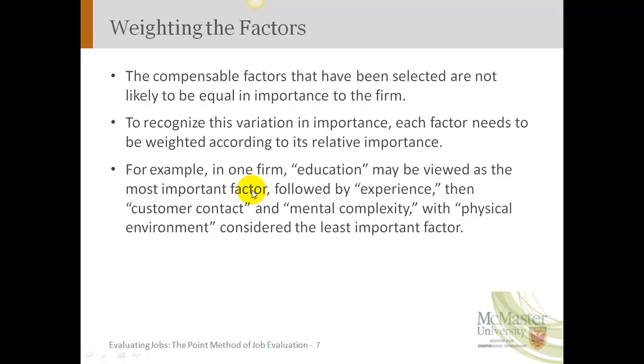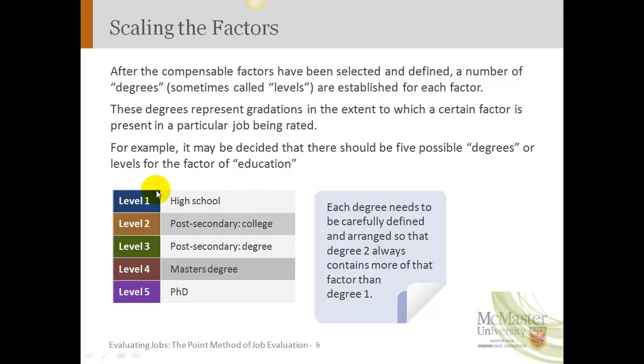Well, again, if we wanted to decide how we might weight it, we might say, well, we're going to assign a certain amount of points to anybody who has or needs high school to do a job. If you need post-secondary college, we'll give you a certain number of points for that, but it would probably score more than high school. Post-secondary degree might score more than a level 2 or level 1 points assigned.